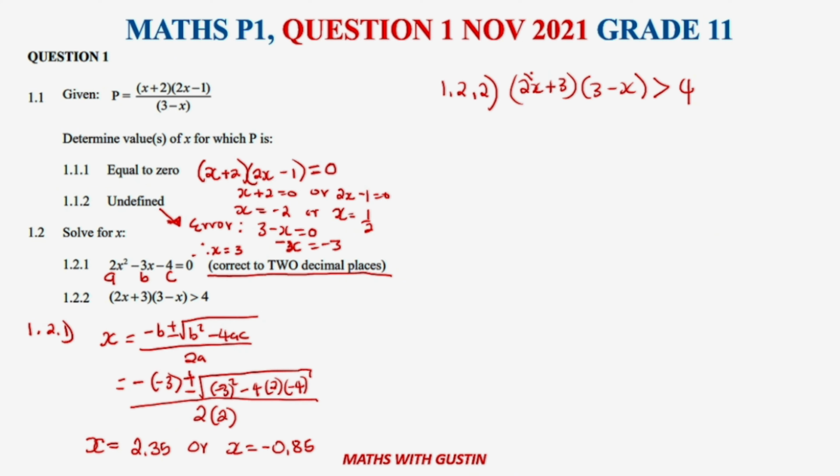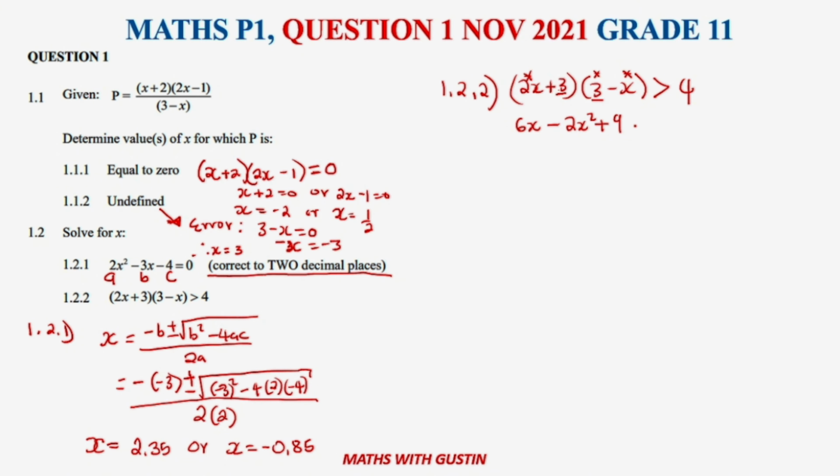I'm going to say 2x times 3 is going to give us 6x. Then 2x times x is going to give us minus 2x squared. 3 times 3 is going to give us plus 9.